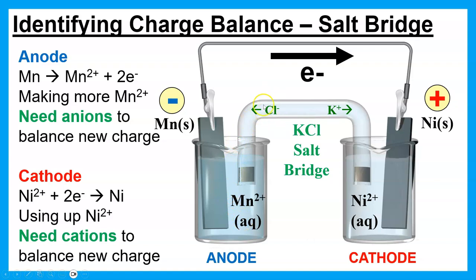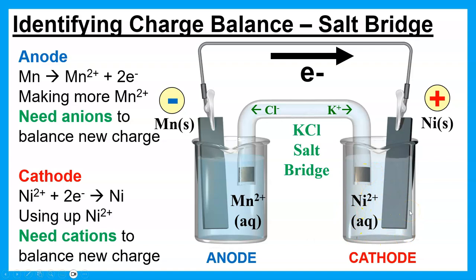Your anion needs to go into the anode. The negative ion goes towards the negative electrode, doesn't it, to be a source of those anions. Whereas your cation is going to go into the cathode, the positive side, to replenish all those cations that are being used up.